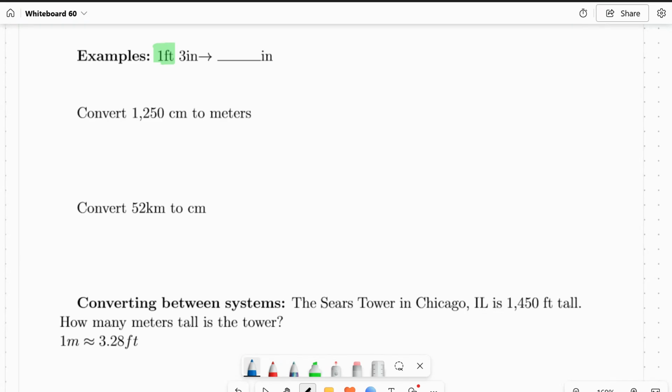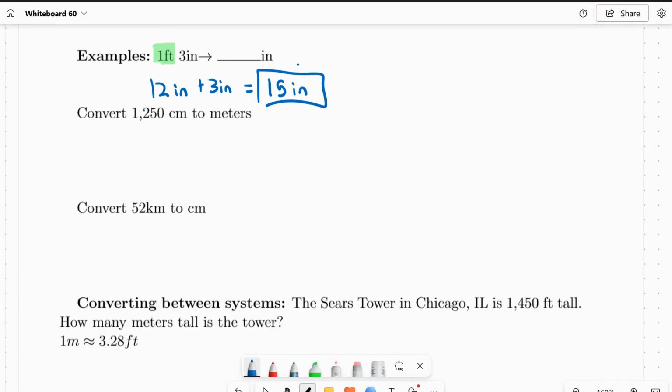Most of you know that is 12 inches. So my 1 foot is going to turn into 12 inches. Then I add my additional 3 inches, which gives me a total of 15 inches, which is my answer for that problem.